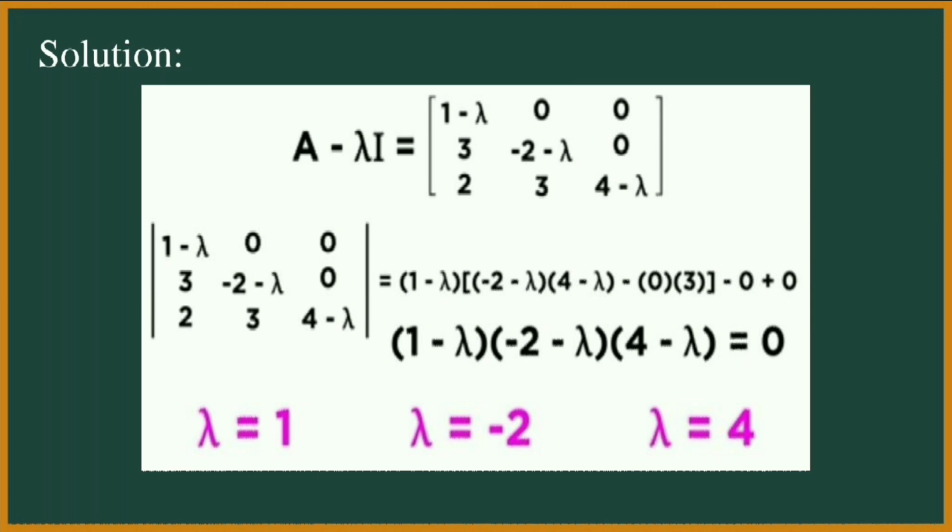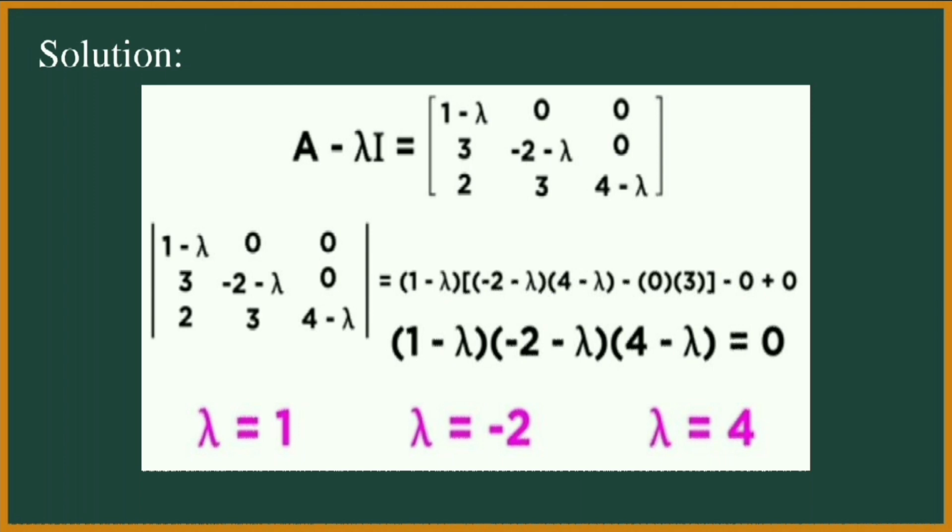So our solution is we need to substitute the value into A minus lambda I. So we need to multiply first the identity matrix by lambda, and after that we need to write it as A minus lambda I.